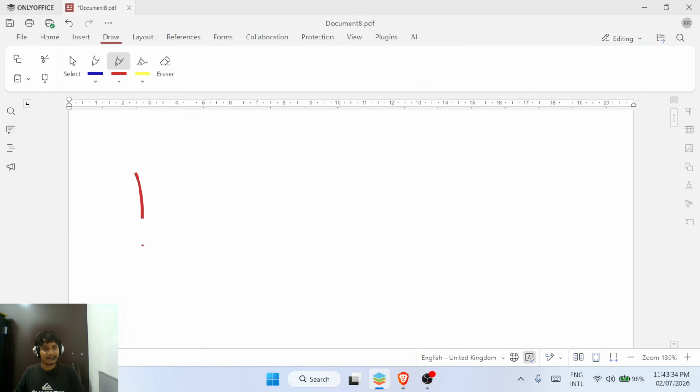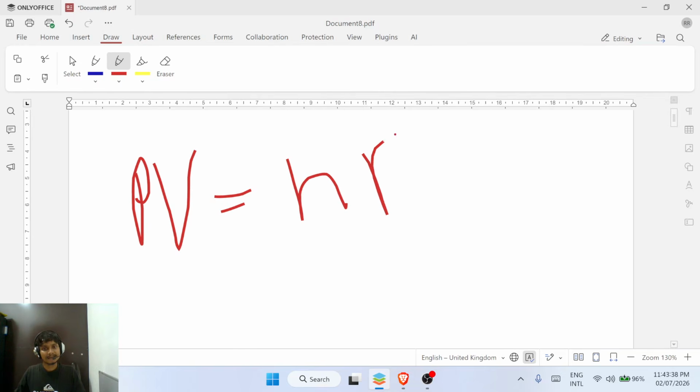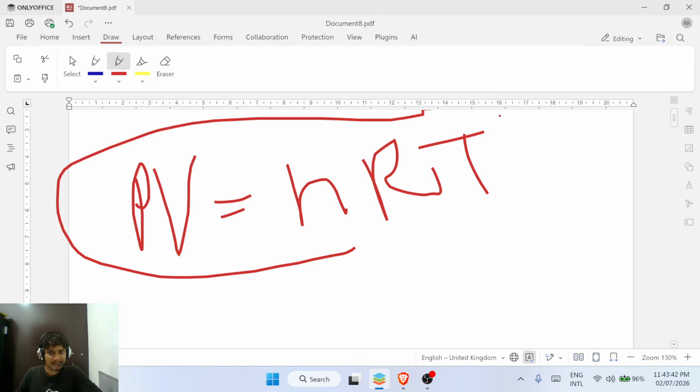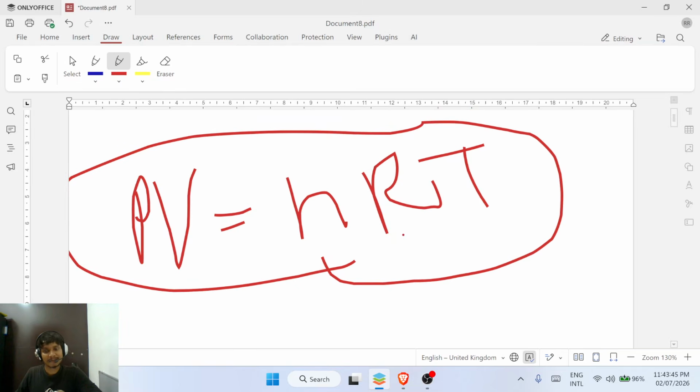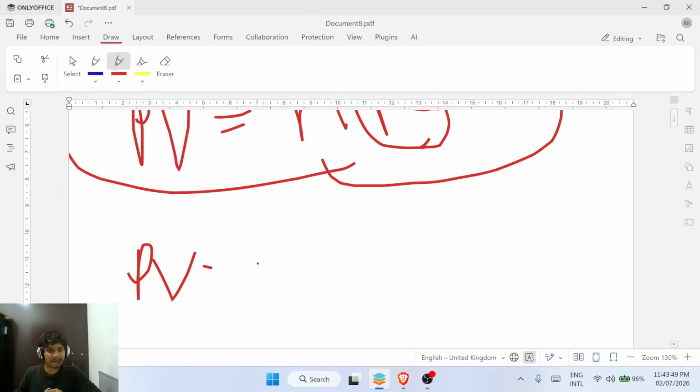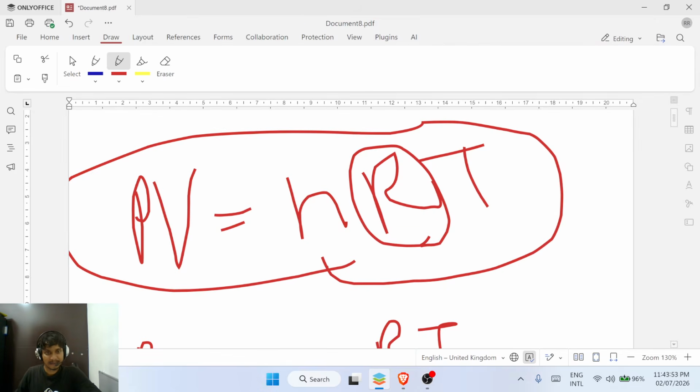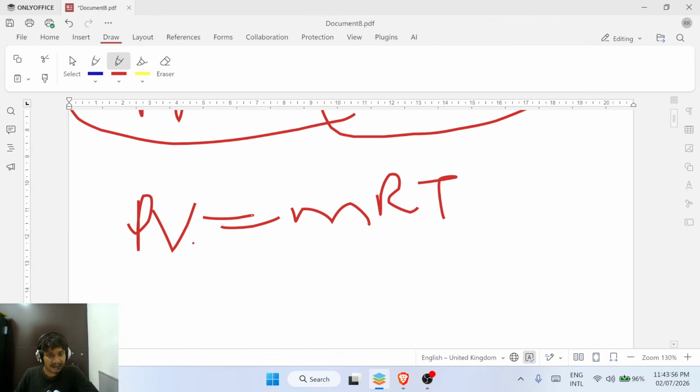Now this is the small theory. In advanced level physics and chemistry, we use PV is equal to nRT, where R is joule mole minus 1 Kelvin minus 1, 8.314. But in thermodynamics and mechanical engineering, we use PV is equal to mRT.